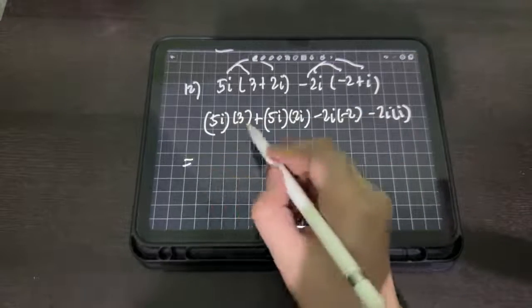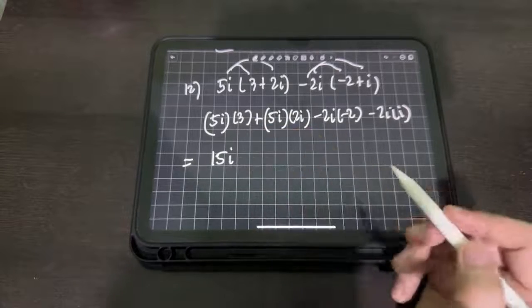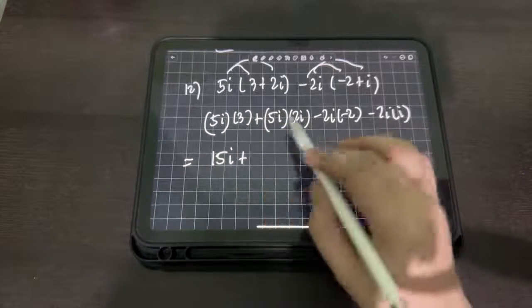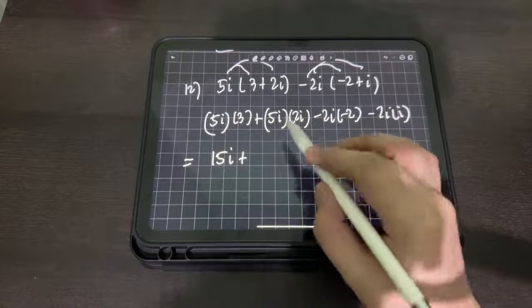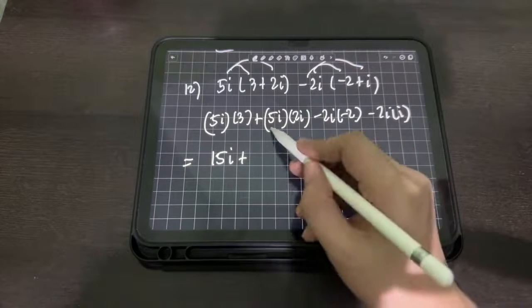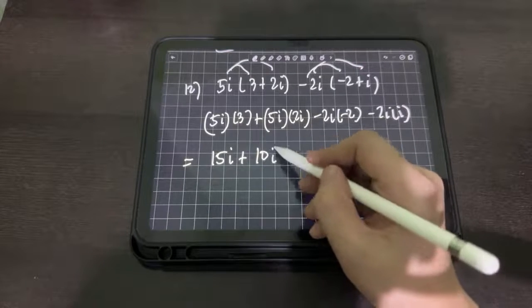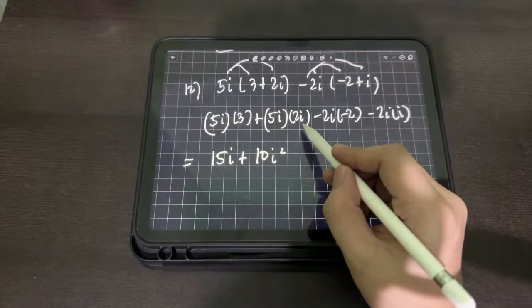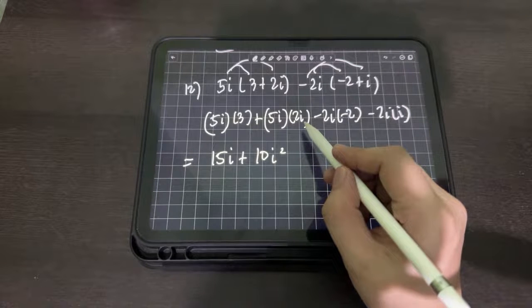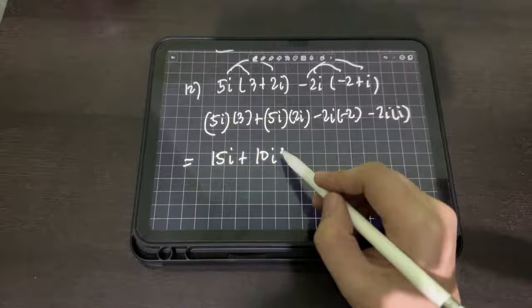So 5i times 3, that's 15i, right? Plus 5i times 2i, that's 10i squared, because i times i, applying law of exponent, that's i squared.